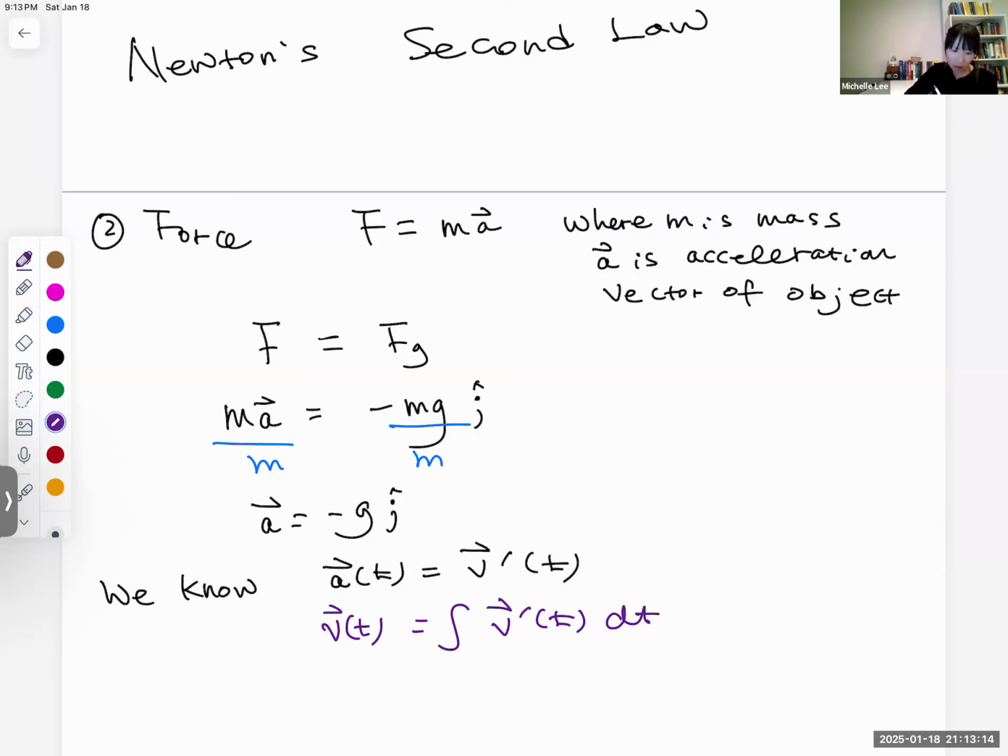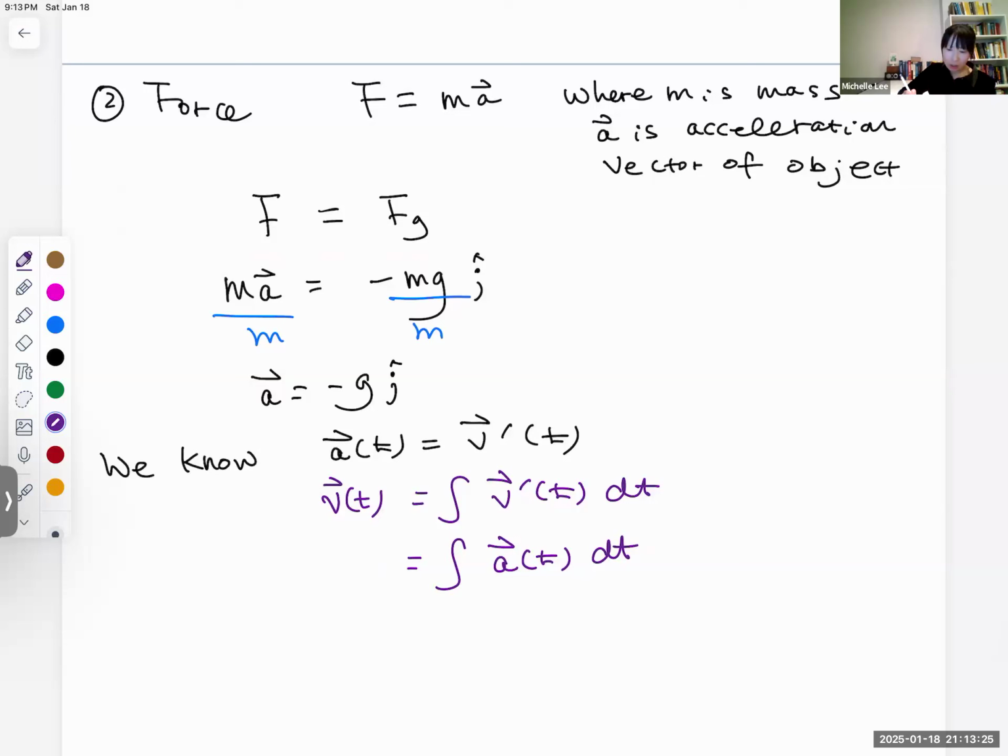So let me rewrite. So that will be the acceleration, which we denote as negative g j, right? So that will be the integral of negative g j dt.